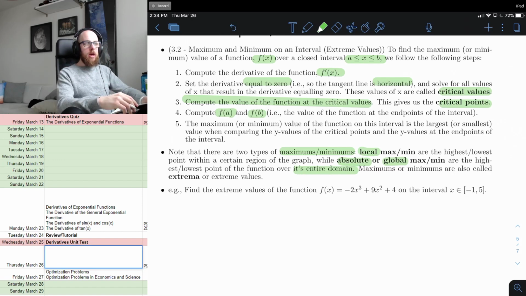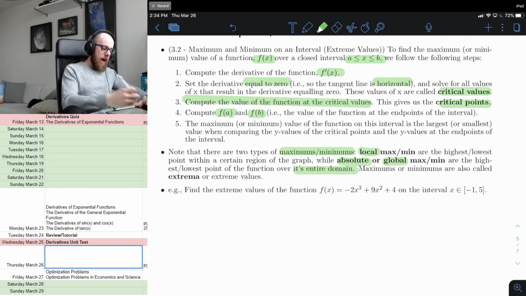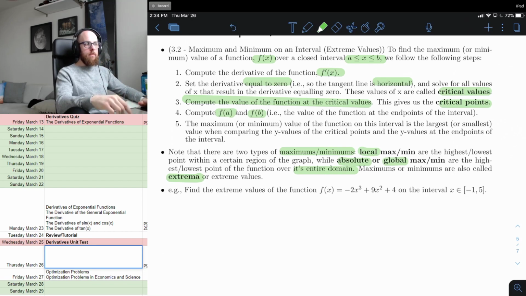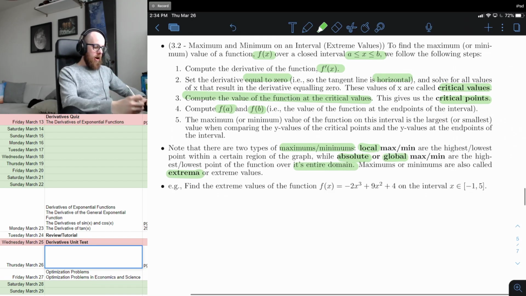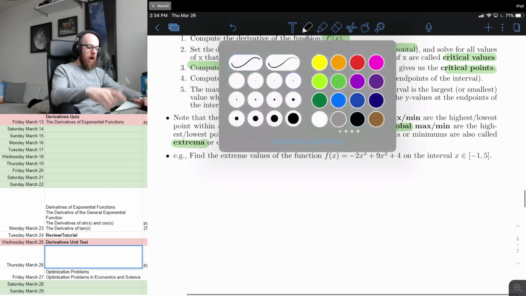For instance, if we have a parabola like y equals x squared, it has an absolute minimum, because it's the lowest possible point on the graph, regardless of where we look. That's what is meant by absolute or global. The last bit here: maxima or minima are also called extrema or extreme values of the function. All right, let's get into an example. Let's see how this is done in practice.